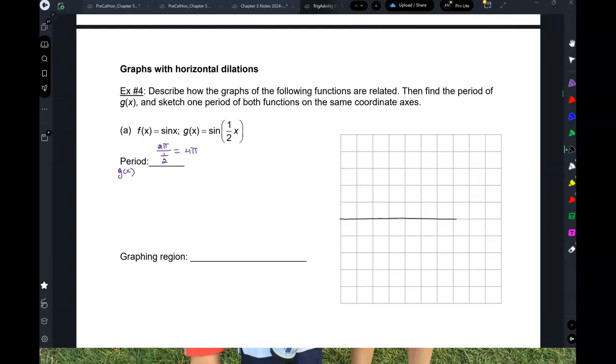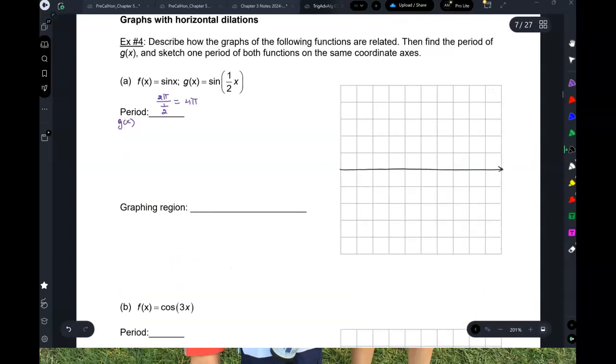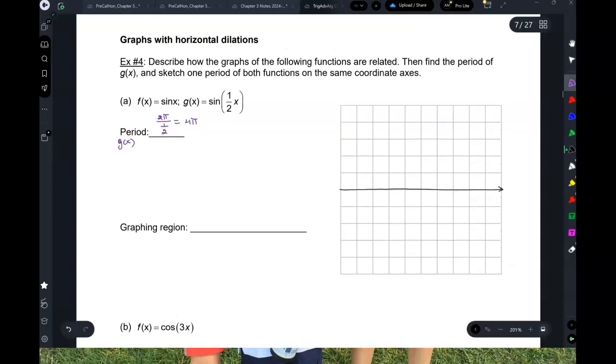Again, we're going to have an x-axis here. But now what we're going to do is set up an inequality. Remember how default sine and cosine went from 0 to 2 pi? I'm going to set up an inequality like that, from 0 to 2 pi.